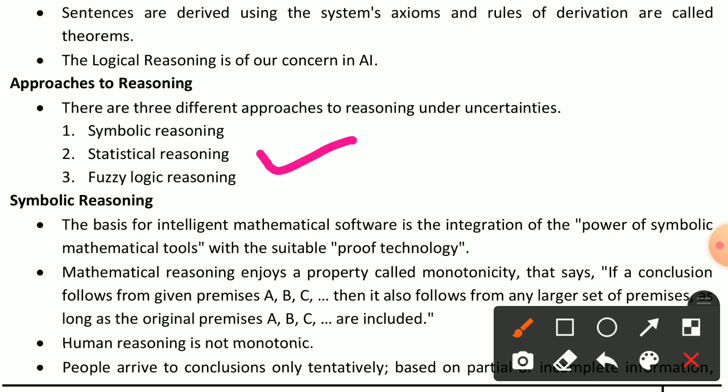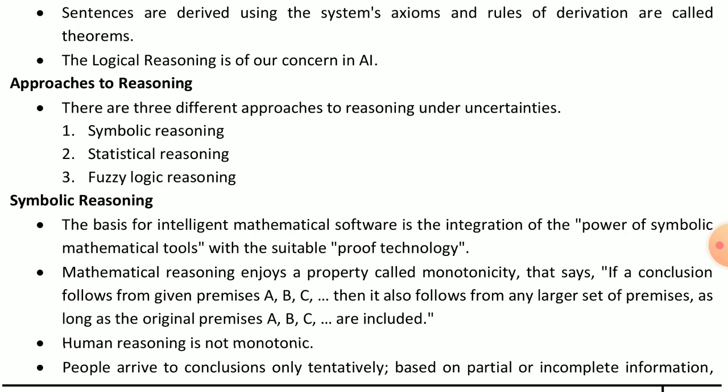In mathematical reasoning, we enjoy a property called monotonicity. We can find the similarity between different symbols or sentences, and if a conclusion follows from given premises like A, B, C, then it also follows from any larger set of premises.